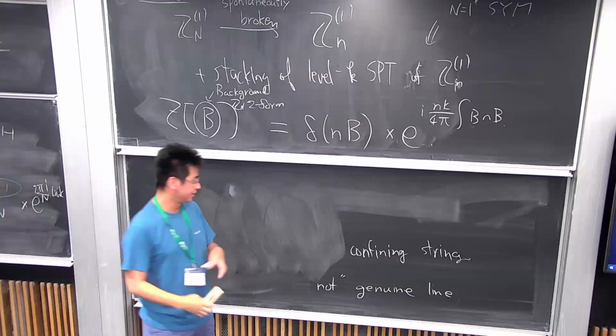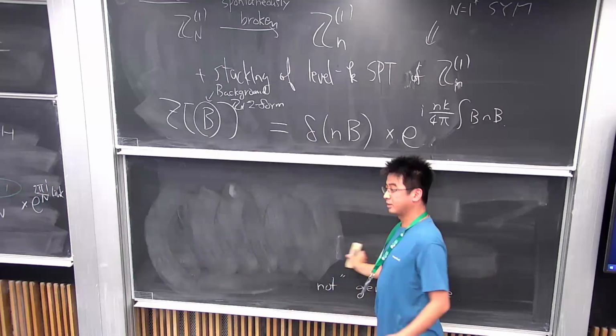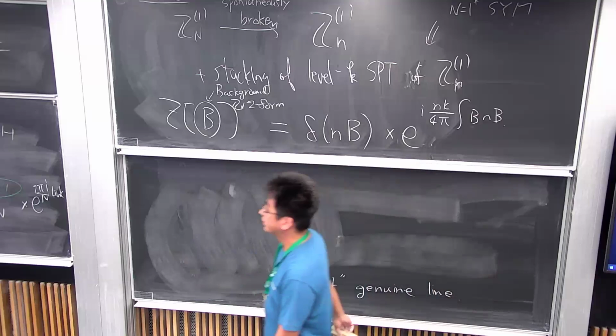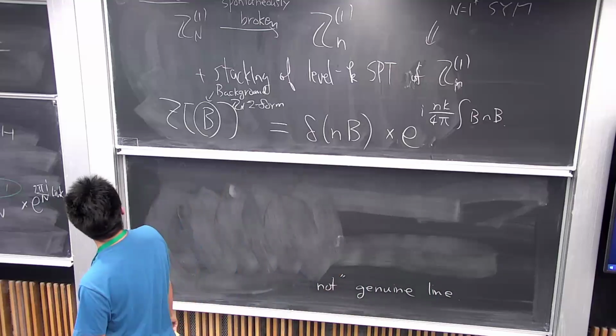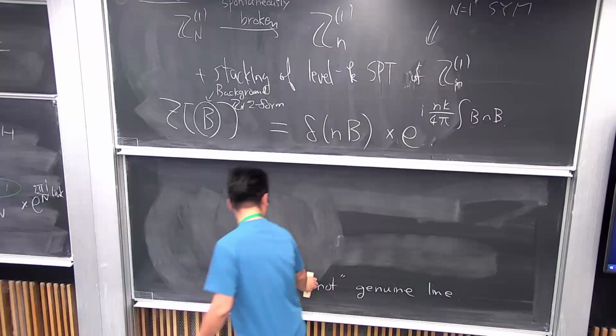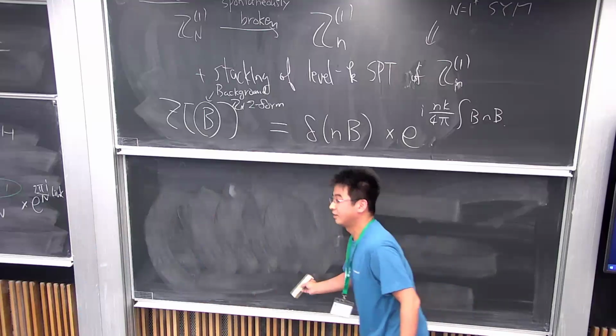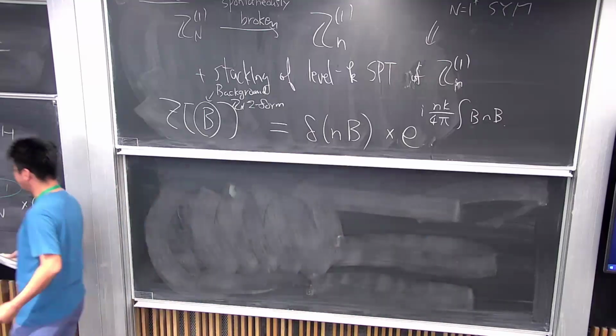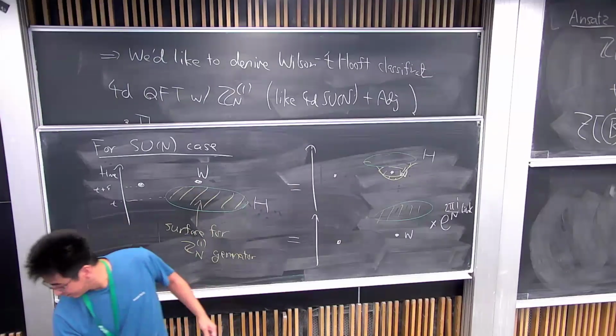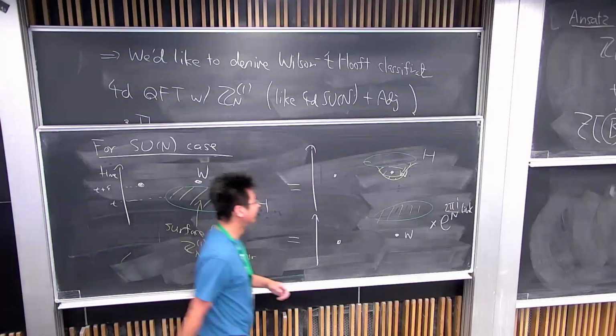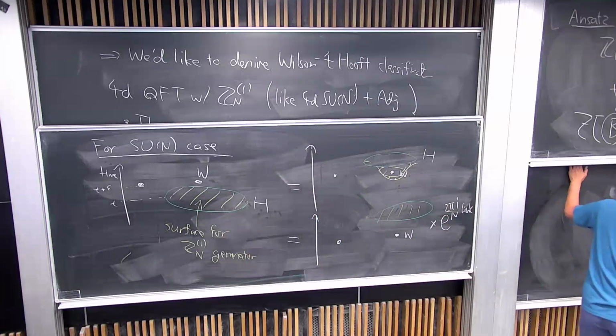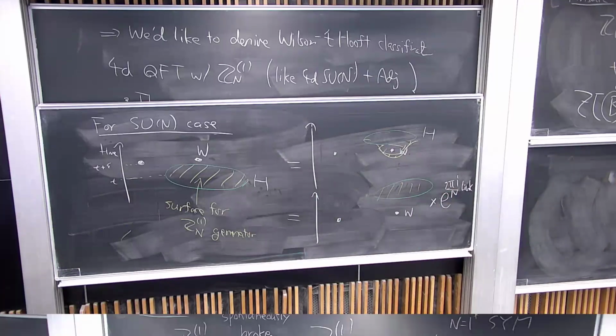The yellow surface is not linking the Wilson loop, it's wrapping it, in the representation of it. Still true.